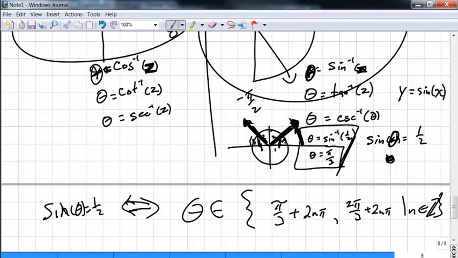So that gives us infinitely many. There are infinitely many angles here that have this same terminal side in the first quadrant, and there are also infinitely many angles that have this side in the second quadrant.